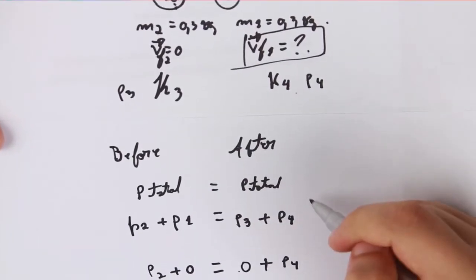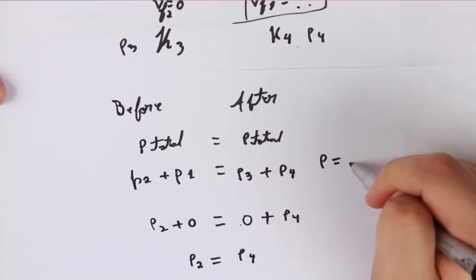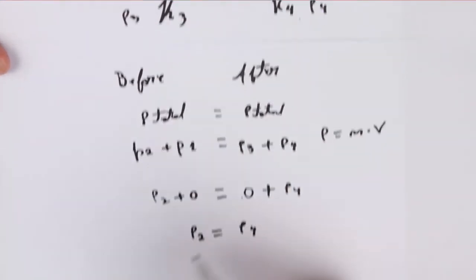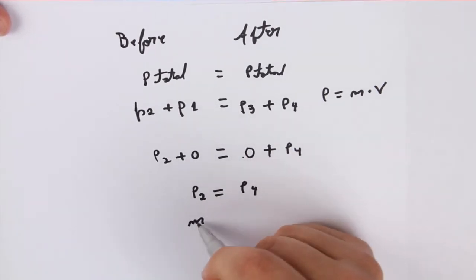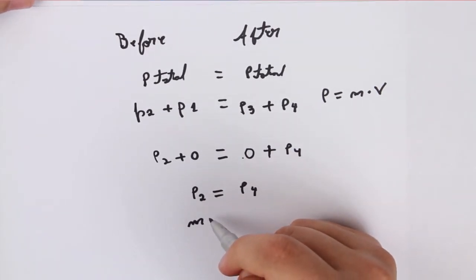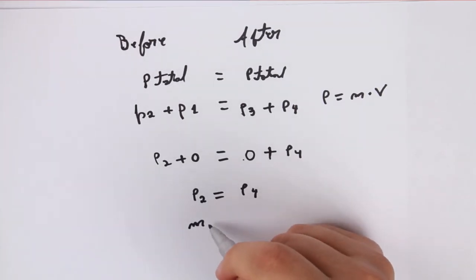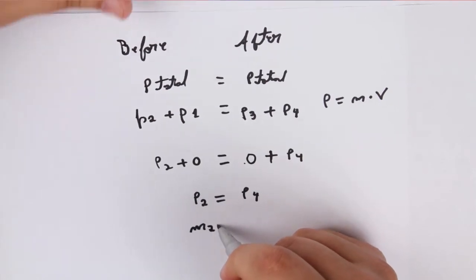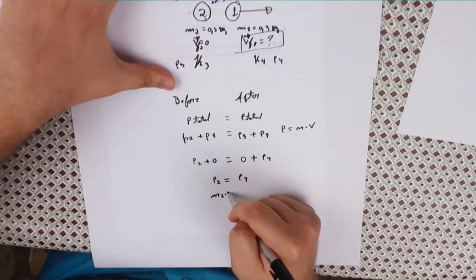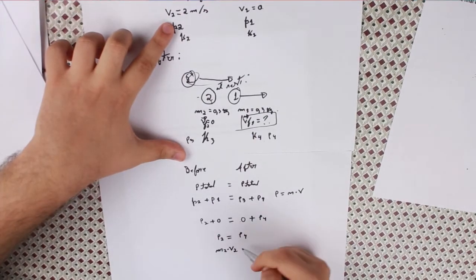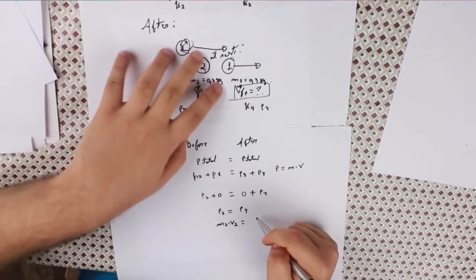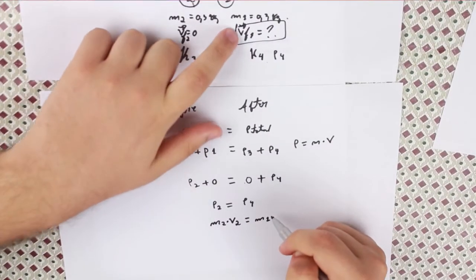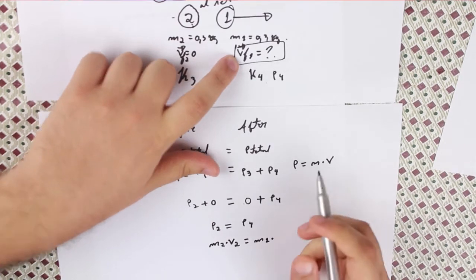Now, as I said here, momentum equals mass times velocity. So the mass of ball 2 before the movement, which we consider m2, times its velocity, equals P4, which is the mass of ball 1 times its velocity, which is the information that you want to find.